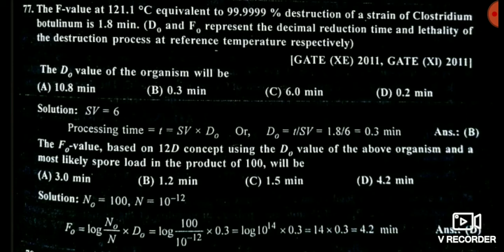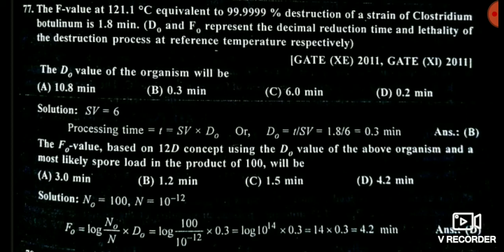Friends, you have studied that 1 log reduction, means 1 time D, is N naught by 10, a factor of 10. But when the log reduction is 12 times, means 12D, then it is 10 to the power 12. You have seen that the log reduction, the D value, reduces by 1 by 10. Suppose some material is initially present as N naught, then it is finally present as N naught by 10 for the D value, for calculating the D value.